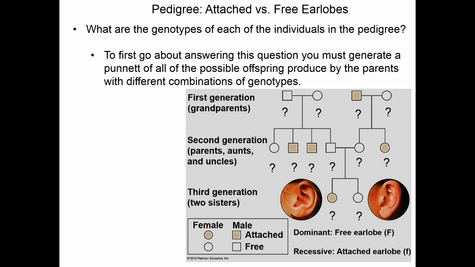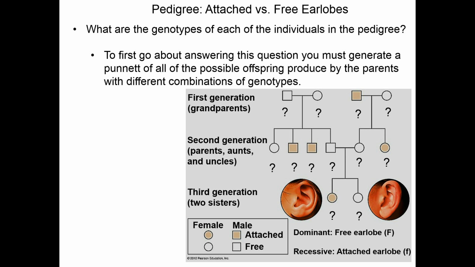One of the things I do is I set up all the possible combinations of Punnett squares for a given trait. All the possible crosses, whether the individual is homozygous dominant or heterozygous or homozygous recessive, and who they're mating with and what their genotype is, or could be, and the offspring in question.